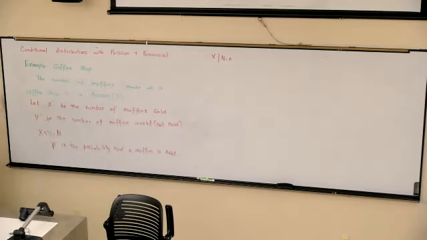Good. So P is the probability that a muffin is going to be sold. X would be the number of muffins that are sold. Y, number of muffins that are wasted or not sold. N is the number of muffins made at a coffee shop.